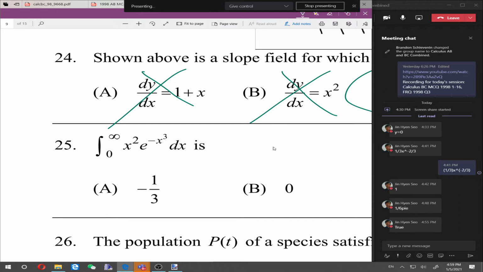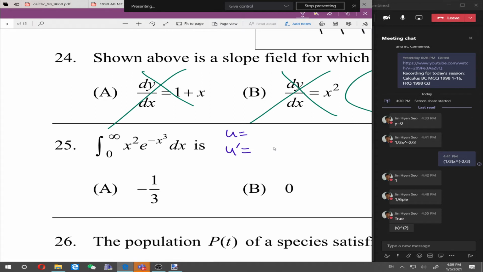Jin, if you wanted to try to use u substitution for this, what would your u be? x squared. Okay, if I make u x squared, then u prime is 2x, and that doesn't eliminate all of my x's, so I'm going to try something else. Want to give one more guess?